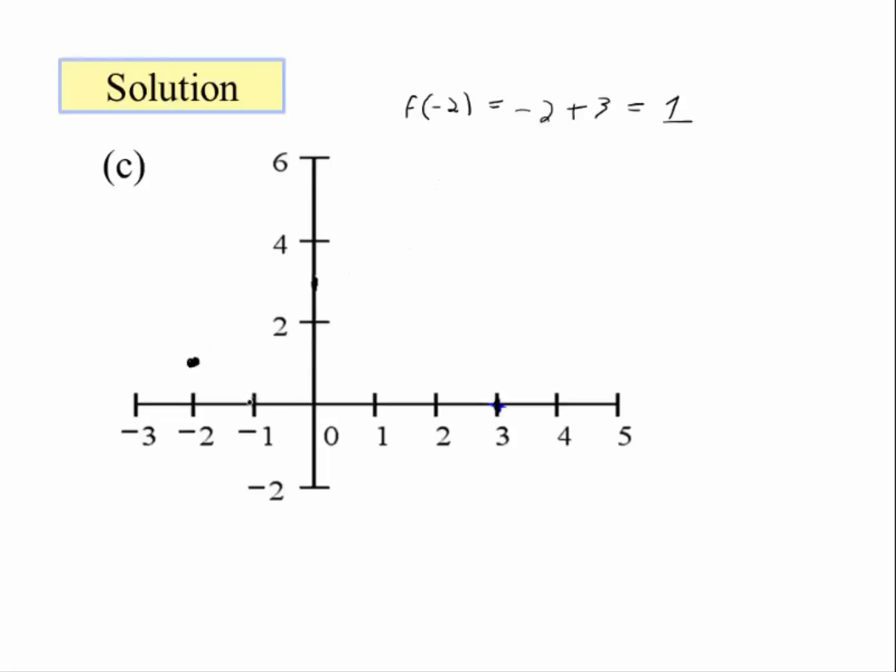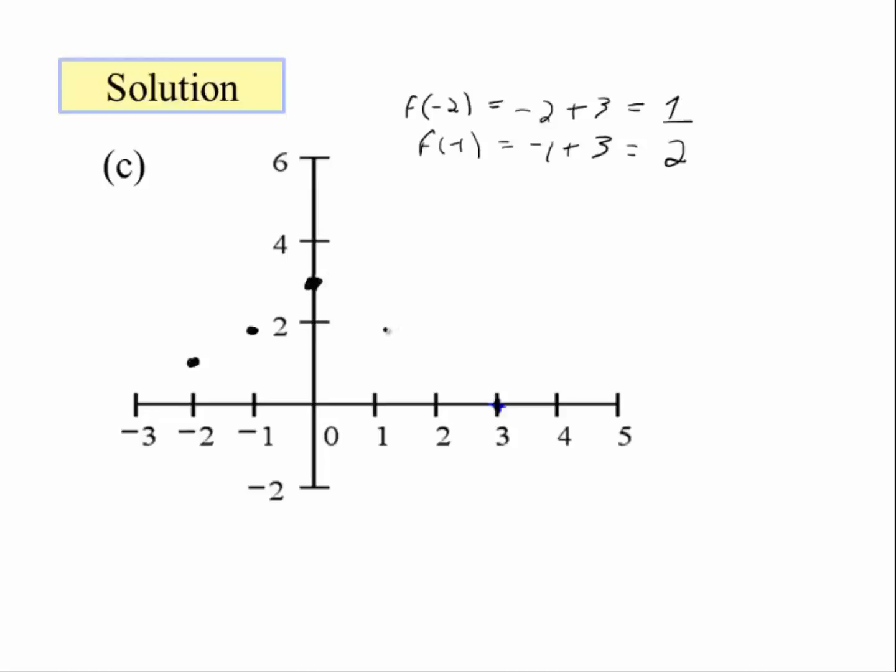When x is -1, we have -1 plus 3, which is positive 2. So when x is -1, f of x is 2. When x is 0, we can see that this is 3.